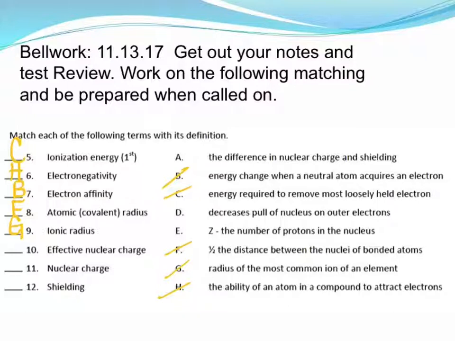D, shielding, decreases the pull of the nucleus, yes. 11 is E, yes. Nuclear charge is the number of protons in the nucleus. 10 is A. We are going to come back to these, so make sure that you have that handy. Any questions over that? All right, let's go.